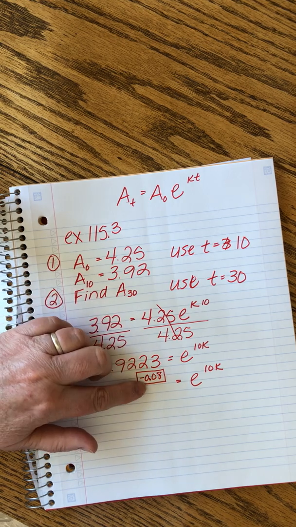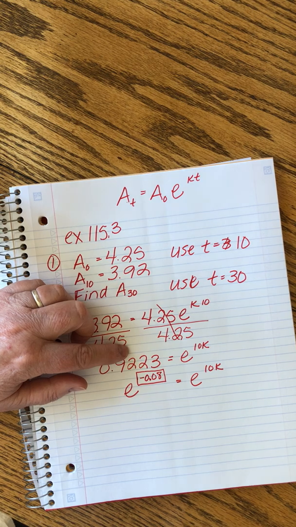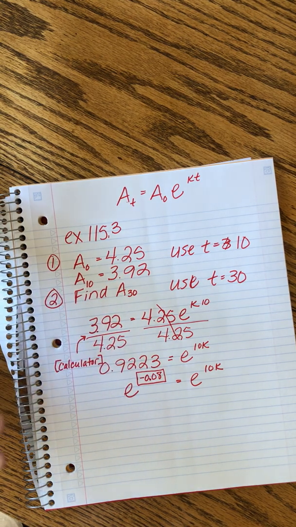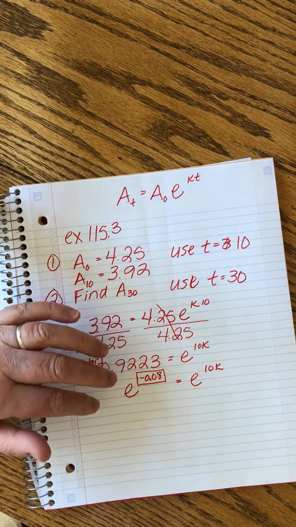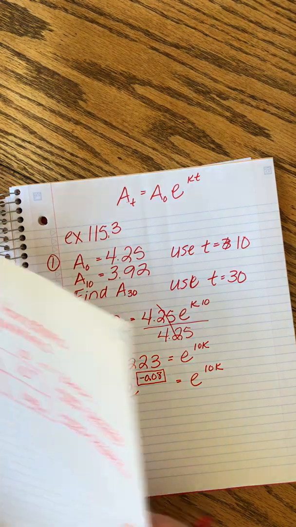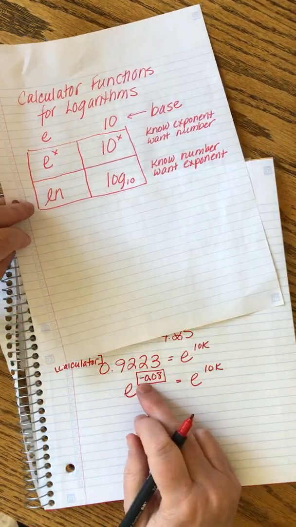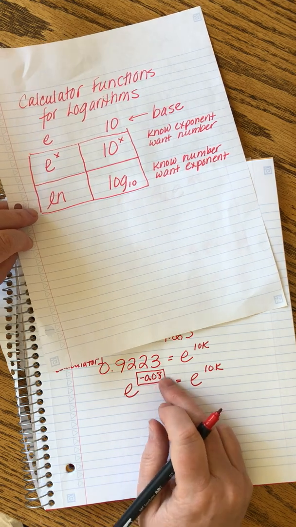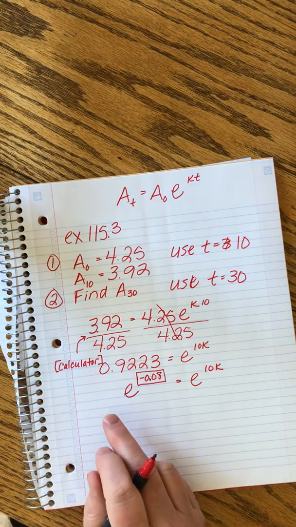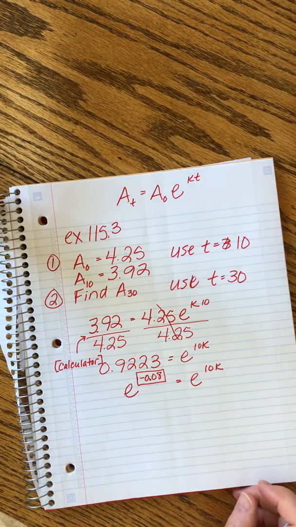So the fact that it's less than 1 actually makes me kind of happy because I want this number to be less than 2.7. I think about this for a minute and say to myself, is that reasonable? The other thing I can do is check that number by using this button. If I enter 0.08, make it negative, and then use this button, I should get that number back, the 0.9223. So I can check and make sure it's right.